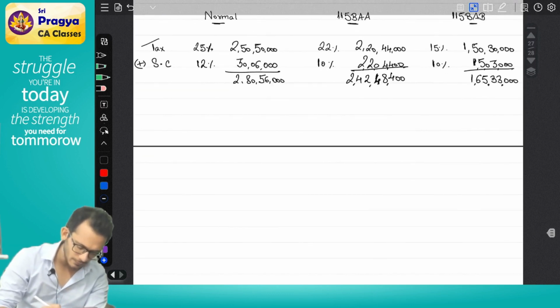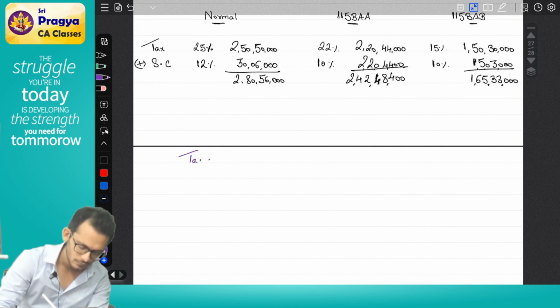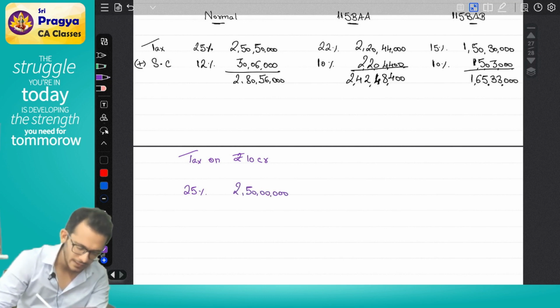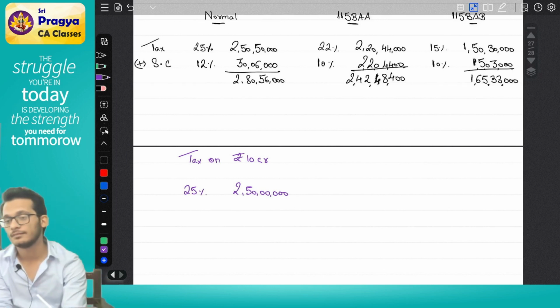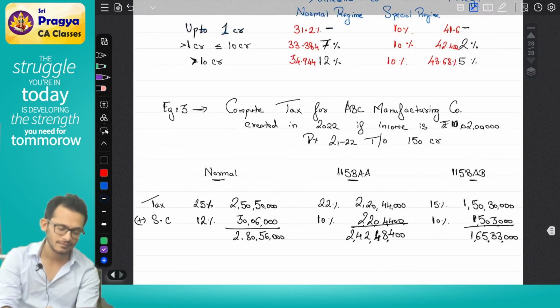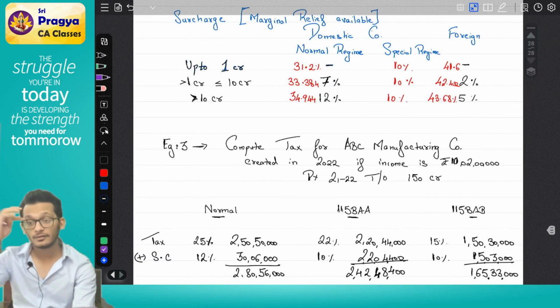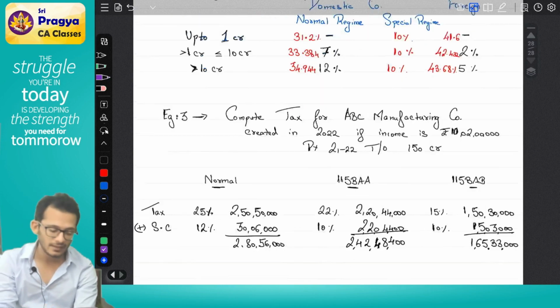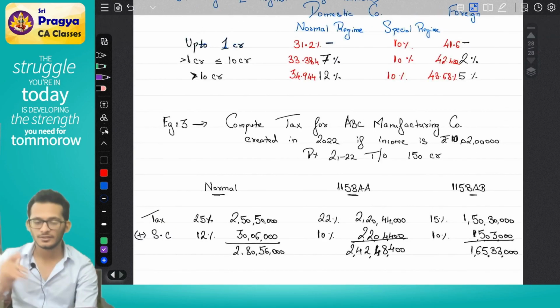In that separate working, I'm going to say my tax on 10 crores. The rate is the same 25, therefore 2 crore 50 lakhs. Add surcharge at the rate applicable up to 10 crores, which is 7%. If it was 12, there is no marginal relief.